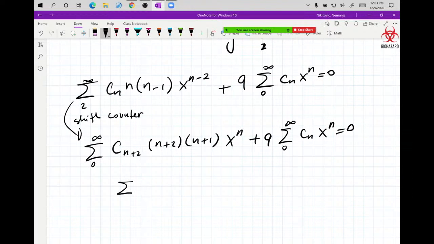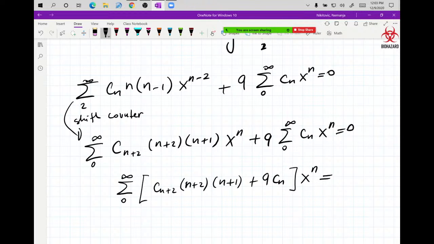So summation 0 to infinity of Cn plus 2, n plus 2, n plus 1 plus 9 Cn, all of that times x to the n equals 0.